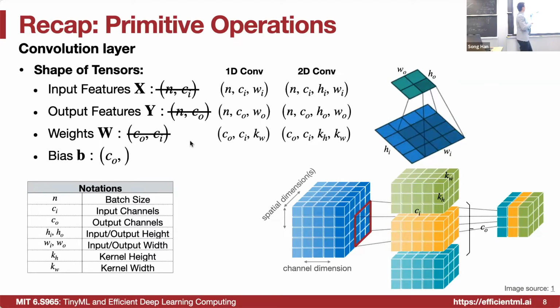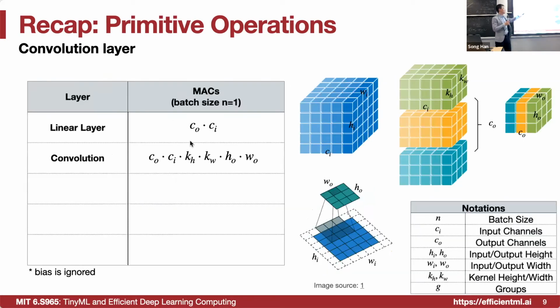Okay. So this is the dimension for 1D convolution and also for 2D convolution, right? We have input feature map, we have the weights, we have the output feature map. So the amount of computation for convolution is the product of the 6 terms, okay? C in, C out, the XY dimension for the kernel, and also the XY dimension for the output image.